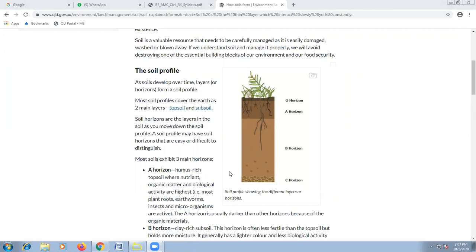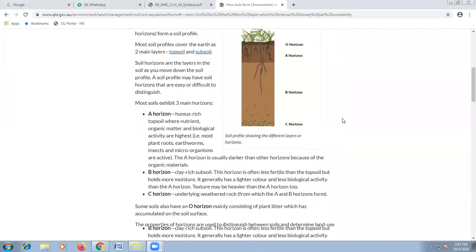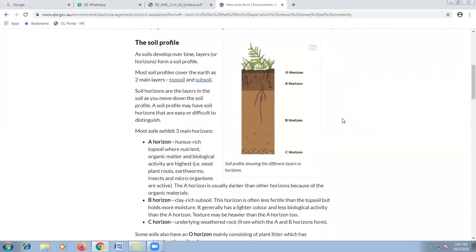So here you can see now the soil profile. This is also something which you might have learned in your lower classes. Generally the two big layers would be mentioned as topsoil and subsoil.